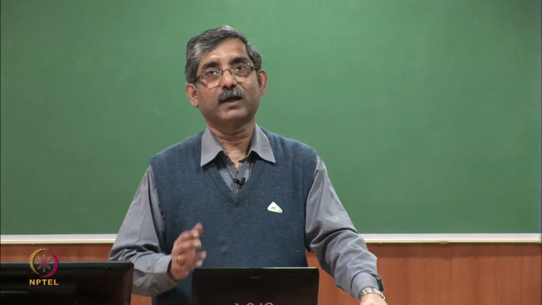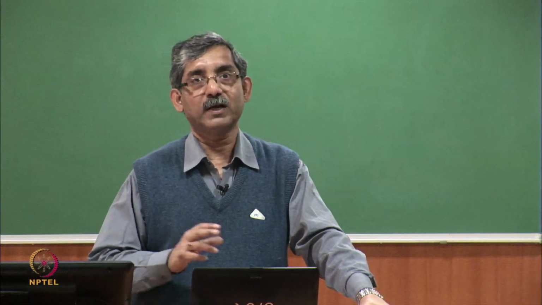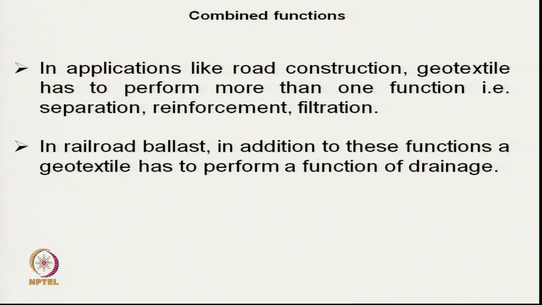And there are many applications where combination of all these different functions are important, like reinforcement and drainage. This is one example where in railroad construction we use. So, multiple functions can be achieved by single geotextiles.